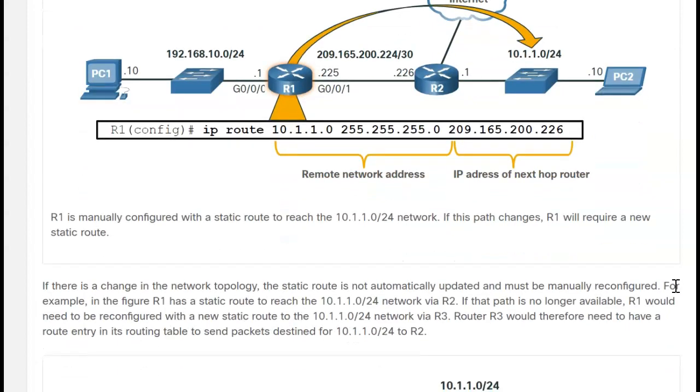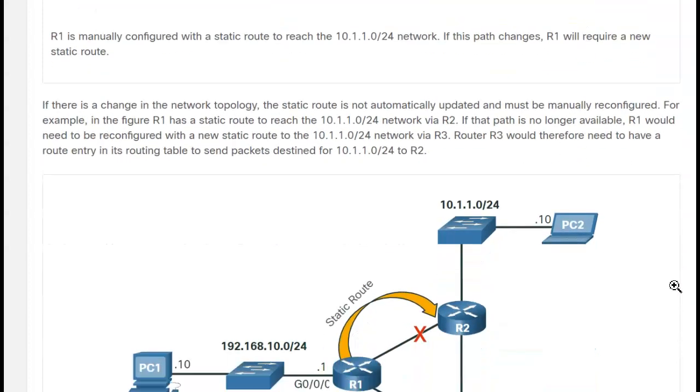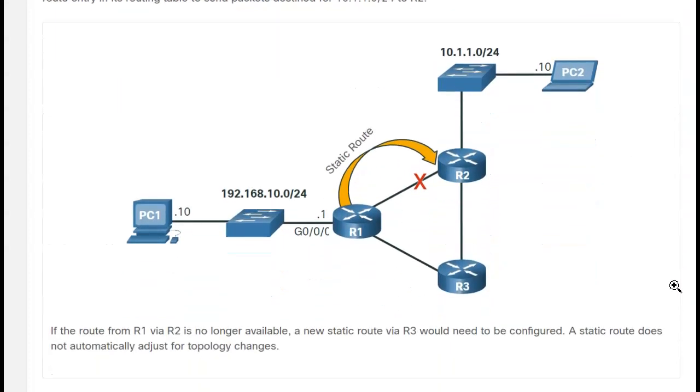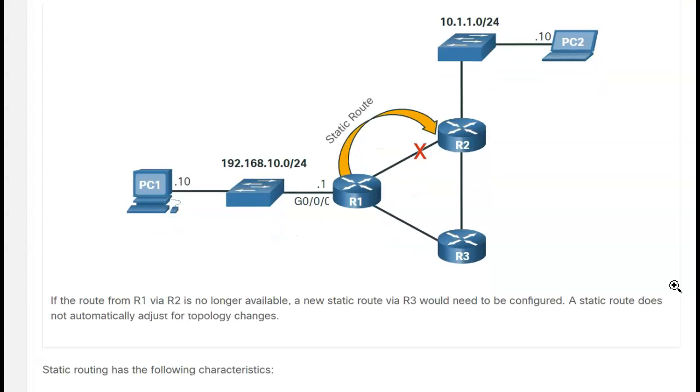Who's the next router in the sequence to get me to that destination? Now, granted, if the network changes or something goes down, static routes are a pain to have to go back and reconfigure. So more than likely, most people use a dynamic route. Let me just bypass this, because it's an example of something going down where I now have to go back and tell R1, oh, you can't get to the 10.1.1.0 network via router 2 because the link between R1 and R2 is down.